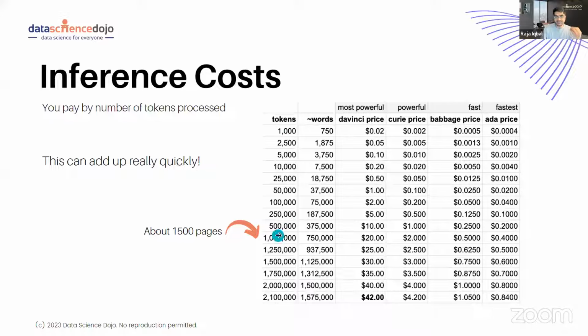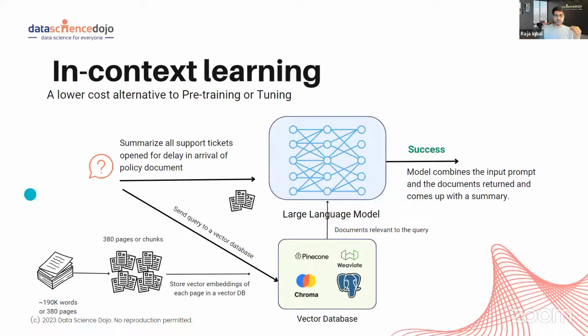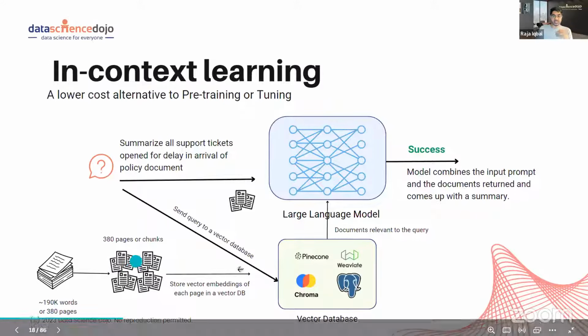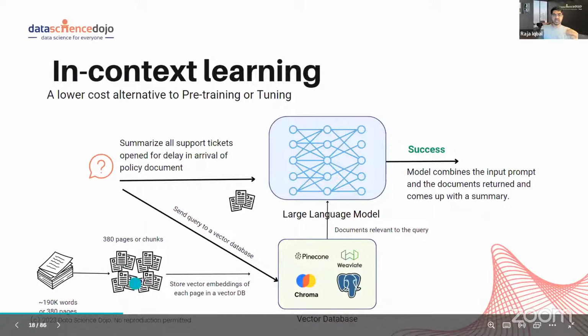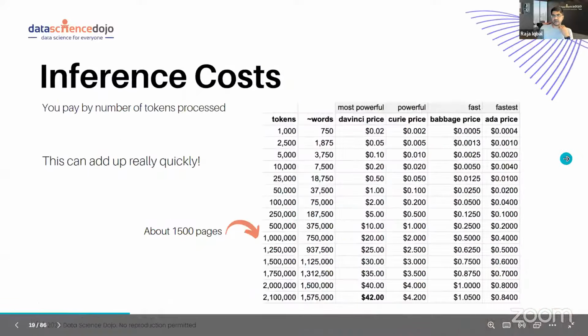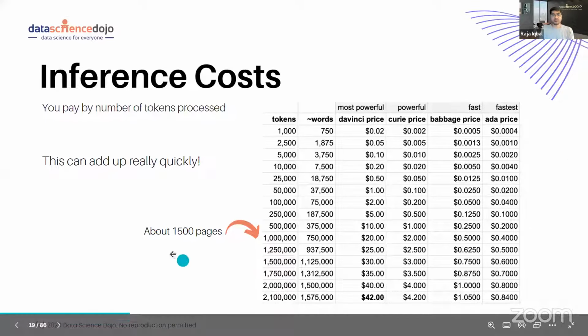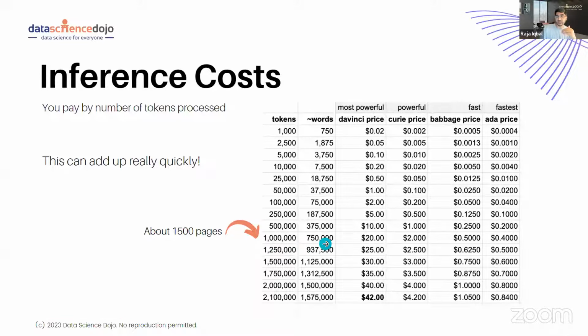But let's say you are sending all of these chunks or pages, and you are asking it to summarize all of the tickets, right? So you send it 380 pages, or let's say you send it 1,500 pages. When you send it 1,500 pages, just one query using DaVinci will cost you $20.